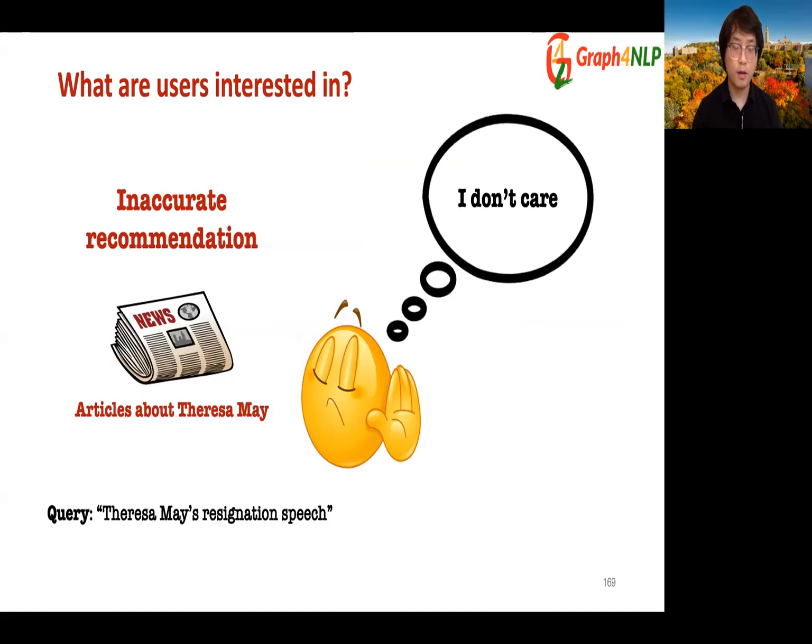This may cause a problem of inaccurate recommendation, because this user may not be interested in the keyword resume, because he or she is not a fan of resume. The search engine or recommender system may also recommend other articles about resume representation speech. This will cause the problem of monotonous recommendation. Because the user already read articles about resume representation speech, he or she doesn't need to read another article with similar information here.